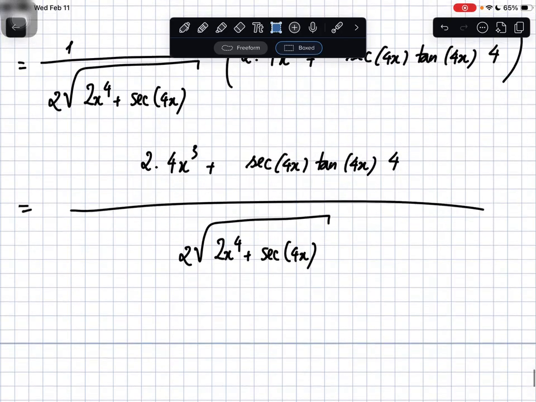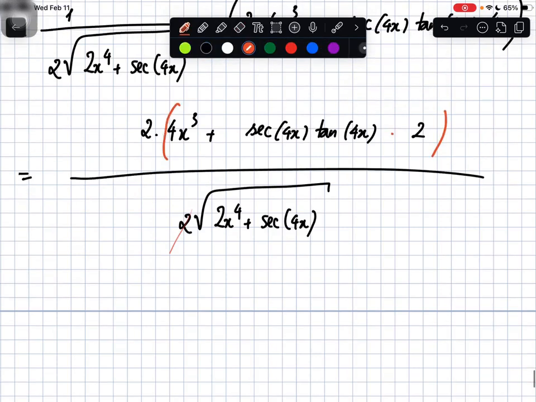Now you can cancel out the 2. The 4 here is actually 2 times 2, and to distribute that, you can pull the 2 out. So to write nicely, you can pull the 2 out. Inside you have this, which cancels the 2 down there.